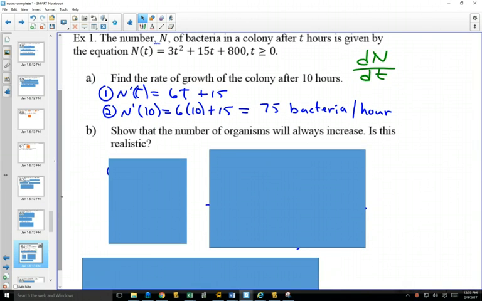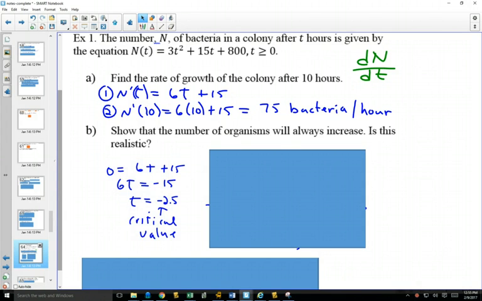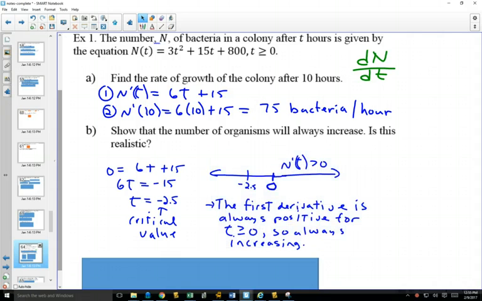So looking at this, if we look at a derivative and we find out we've got a critical value at negative 2.5, we set up our number line using that negative 2.5. Well, if you plug in something less than negative 2.5, this function's decreasing.